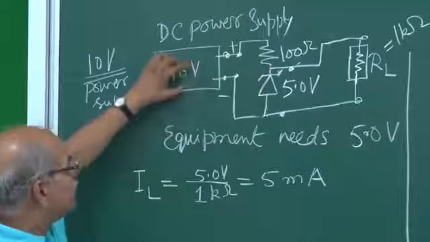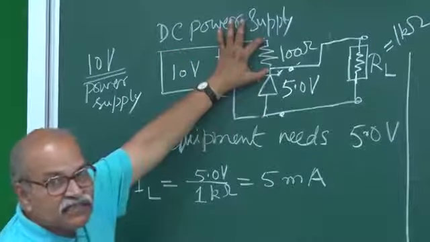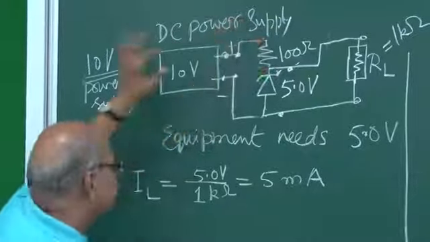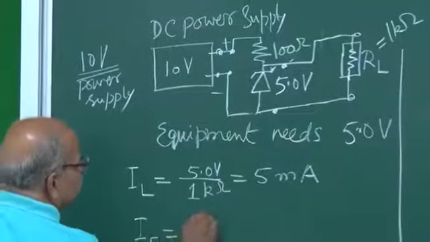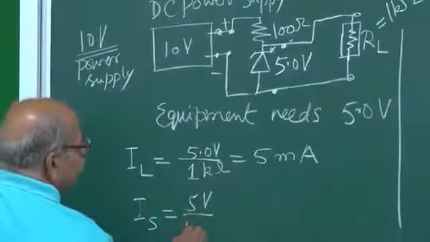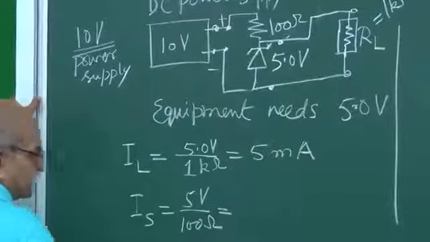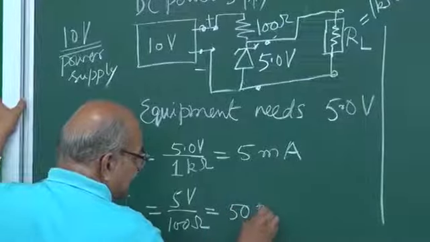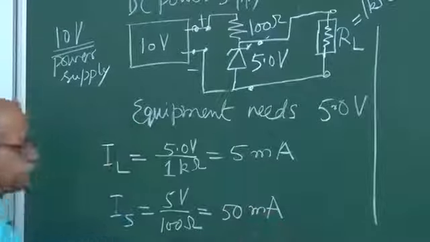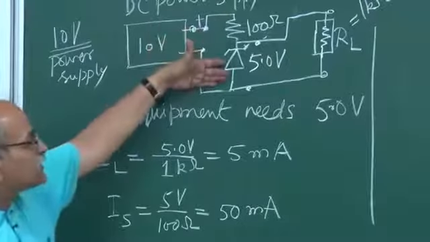Again, if this is 10 volts and this is 5 volts, this will be 5 volts. So what is the current here? Now IS is equal to 5 volt divided by 100 ohm. How much is this? This is 0.05 ampere, that is 50 milliamperes. And how much is the current from this zener?